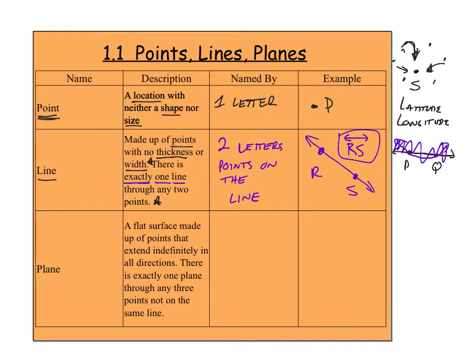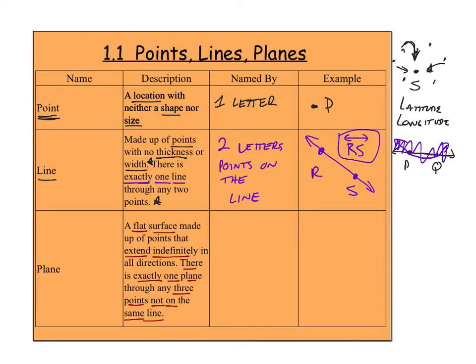So a plane, how does a plane change? A plane is a flat surface, a two-dimensional surface that extends indefinitely in all directions. Through any 3 points, there is exactly one plane, and those 3 points cannot be on the same line.